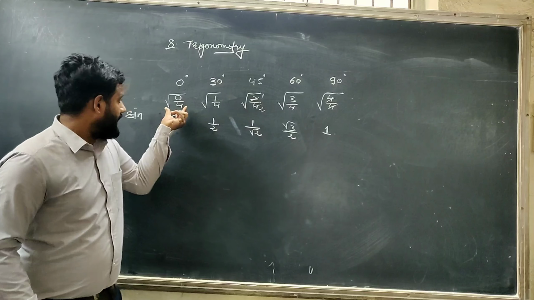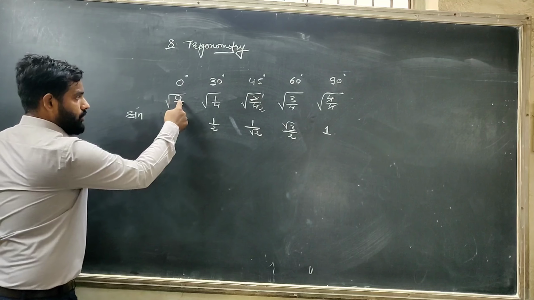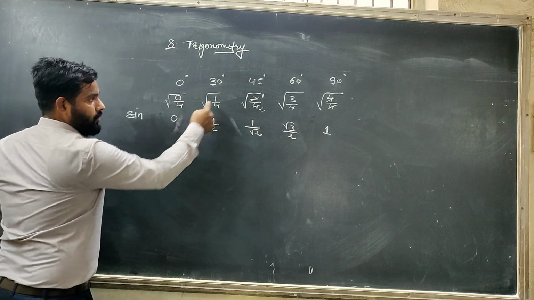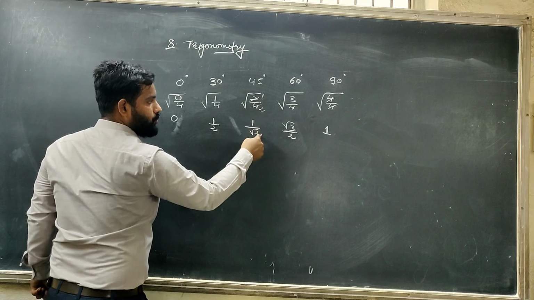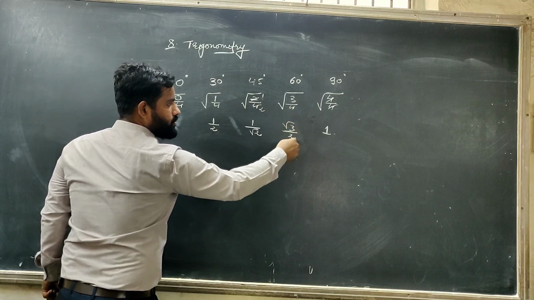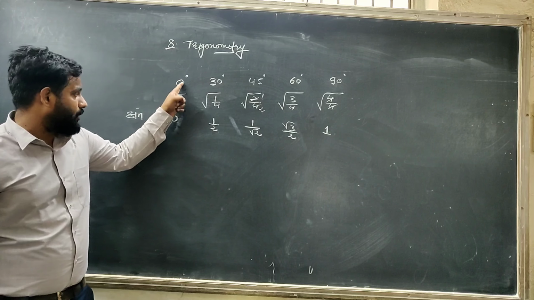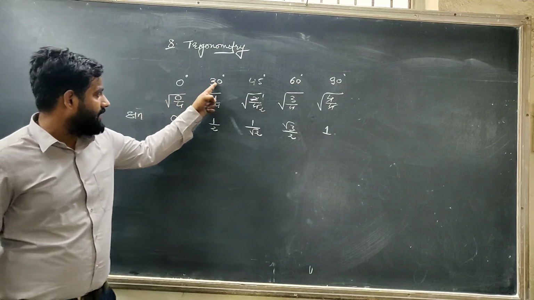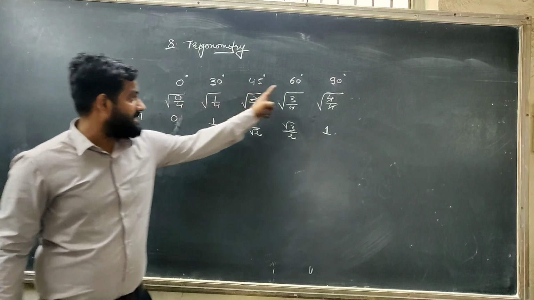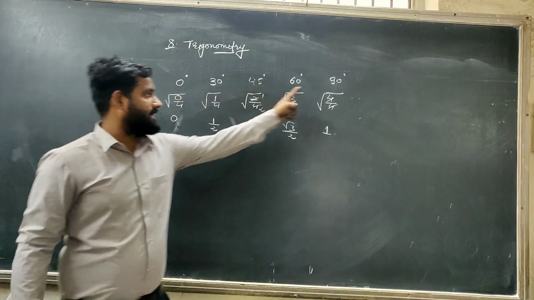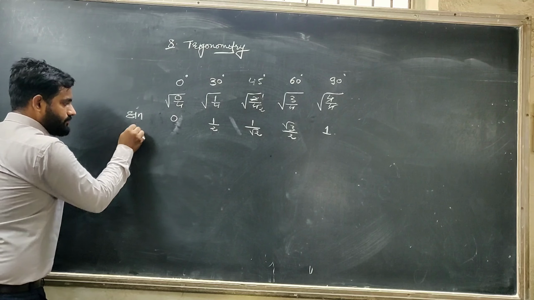Means your sine 0 degree is 0, sine 30 degree is 1 by 2, sine 45 degree is 1 by root 2, sine 60 degree is root 3 by 2, and sine 90 degree is going to give you 1.